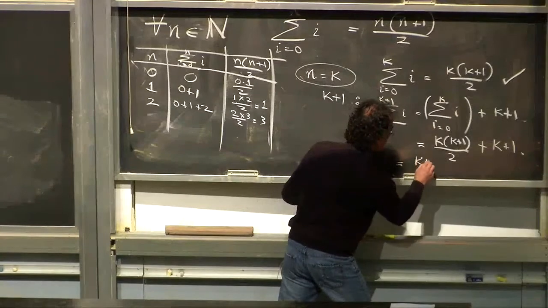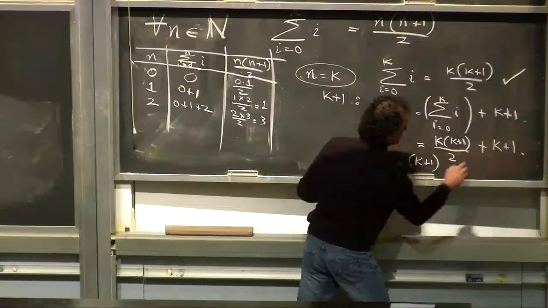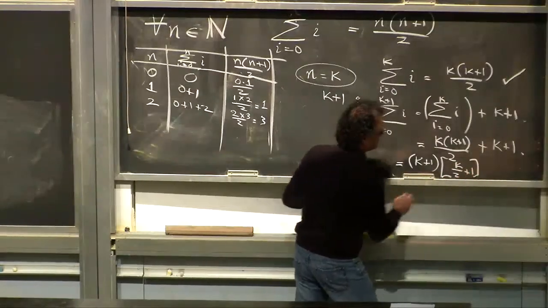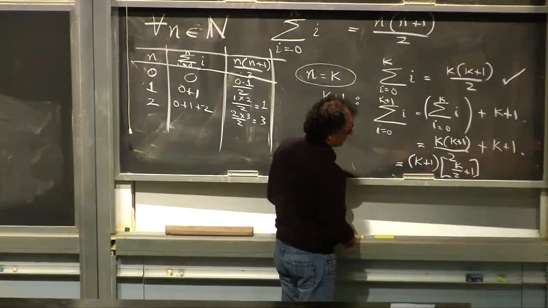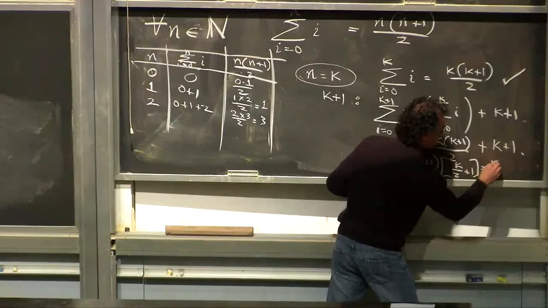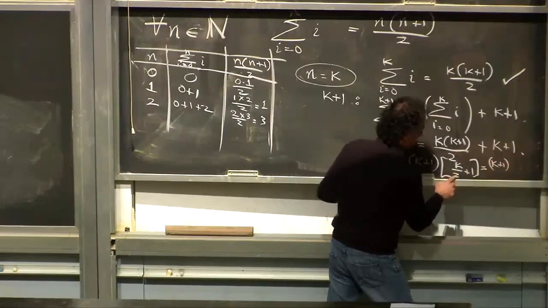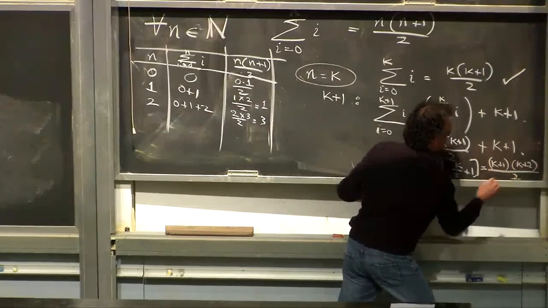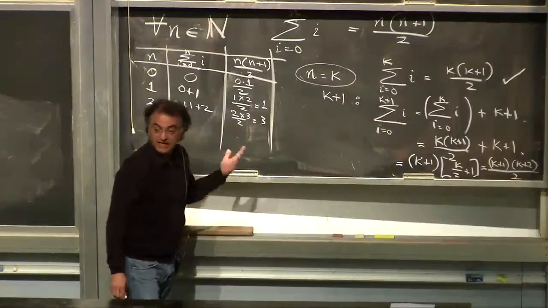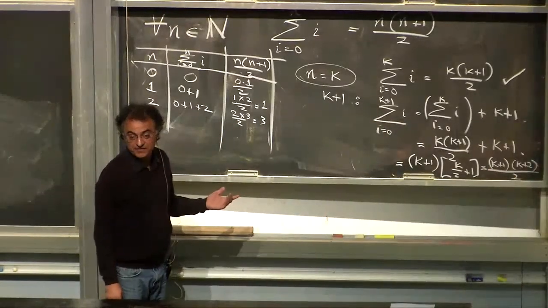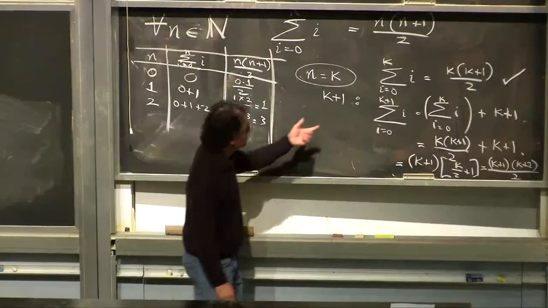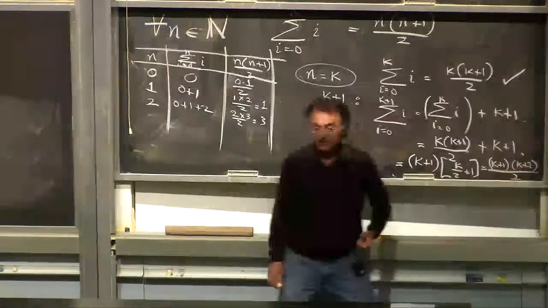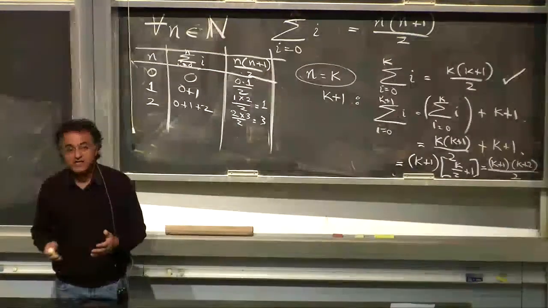This is equal to k plus 1, which we get in common, times k over 2 plus 1, which is k plus 1 times k plus 2 over 2, which is exactly what we wanted to show. Because when we are going up to k plus 1, it should be k plus 1 times k plus 2 over 2. So what we've done is we've actually given a general procedure.